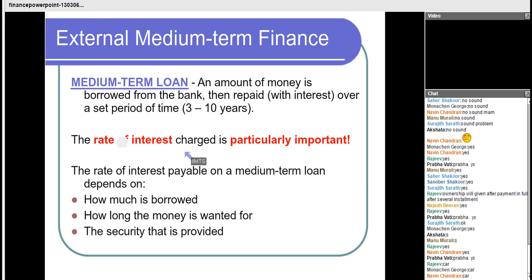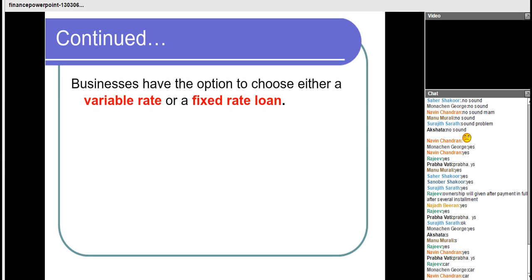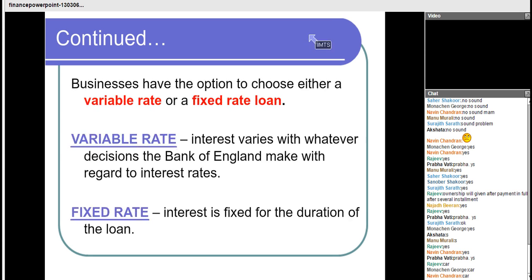Medium term loans, the rate of interest charged is very important, and it's a little high in the case of a medium term loan. So the business has the option to choose either a variable or a fixed rate loan.